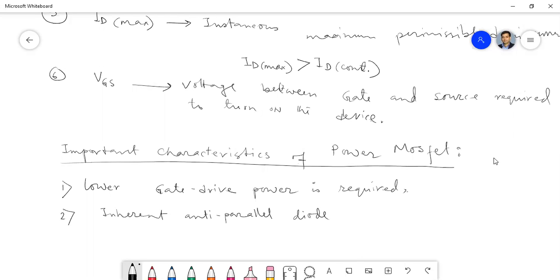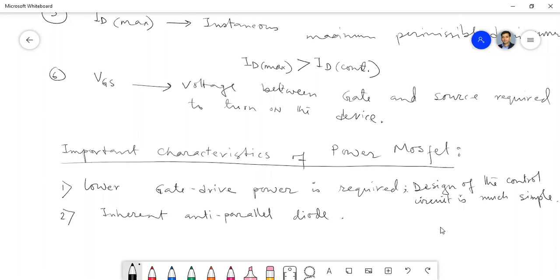Another advantage of this lower gate drive power, which I have written in the first point, is that the control circuit required for the gate drive, the design of the control circuit, is much simpler. So the inherent anti-parallel diode can also be used as a freewheeling diode.